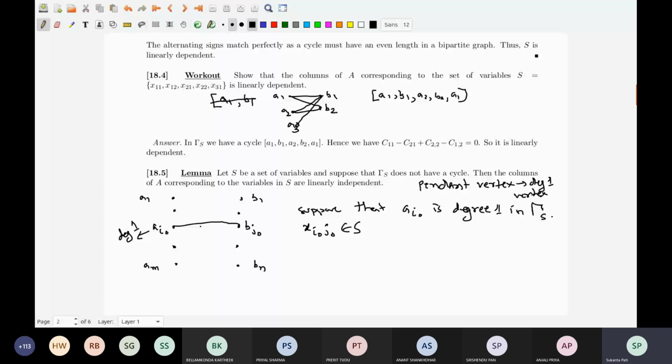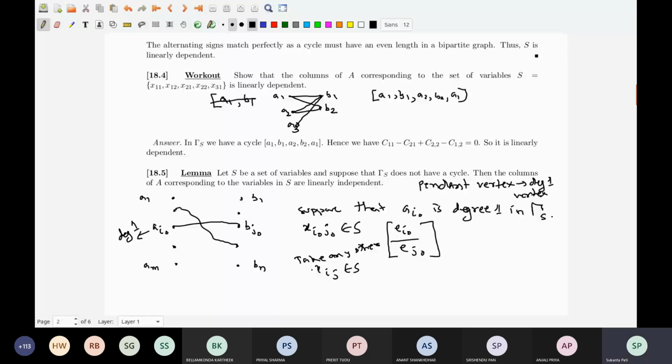Now imagine any other variable xij in S. Take any other xij in S. For whatever xij in S, except this i0 j0, you will not use i0 again, because the degree of A i0 was 1.